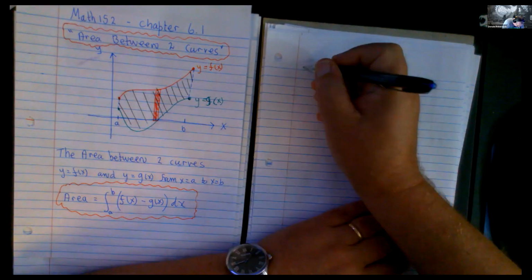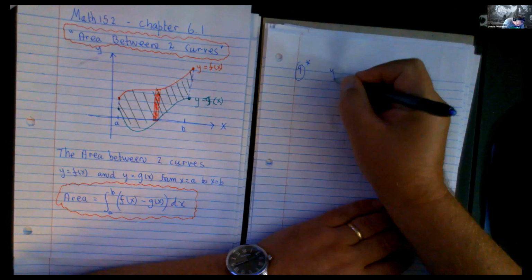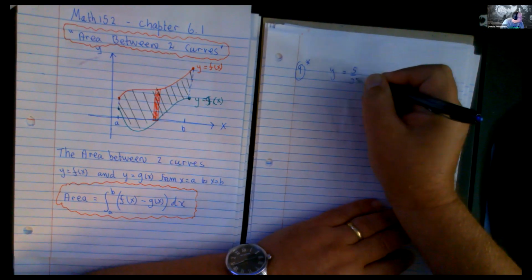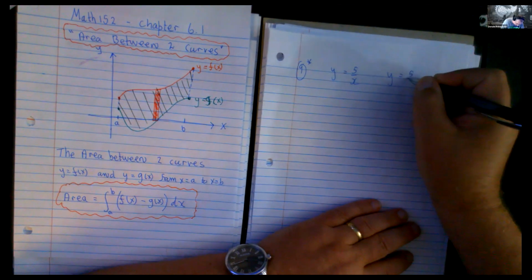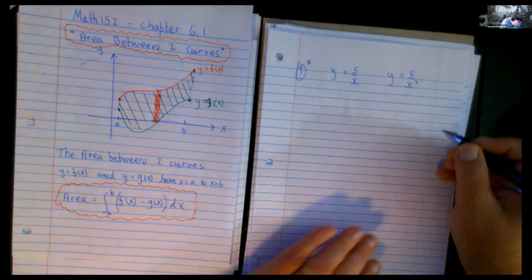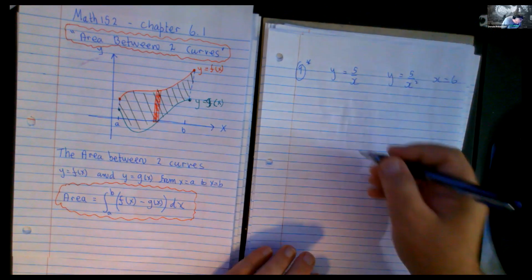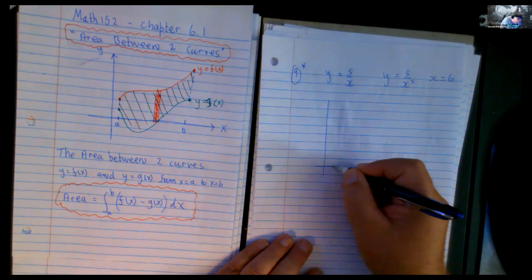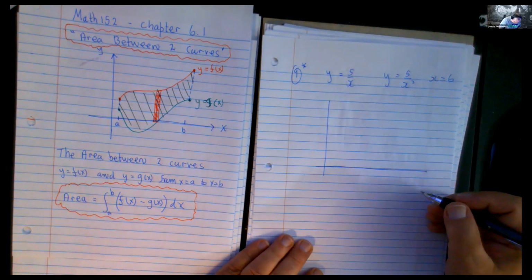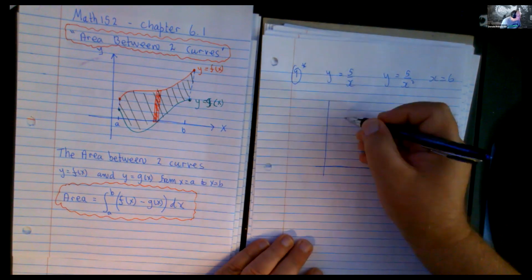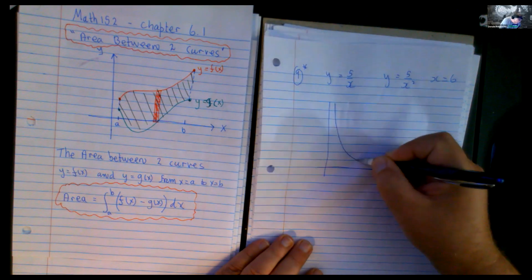This is a version of question 9. There's one of the curves. There's the second curve. And here's a vertical line. So if I go into Desmos and I do 5 over x, it'll look something like this guy.